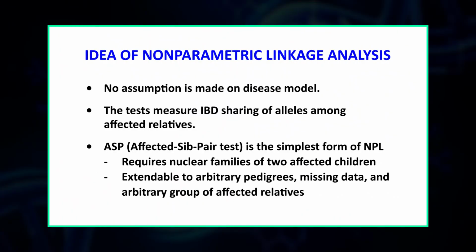A method called non-parametric linkage was developed to address the shortfalls of previous non-parametric approaches. The first step of a non-parametric linkage study is a multi-point analysis to extract the most data from a pedigree by establishing IBD based on a large number of markers.